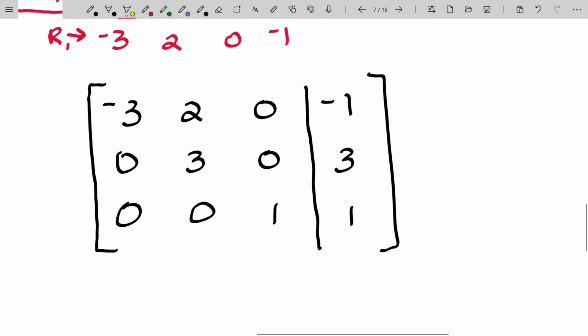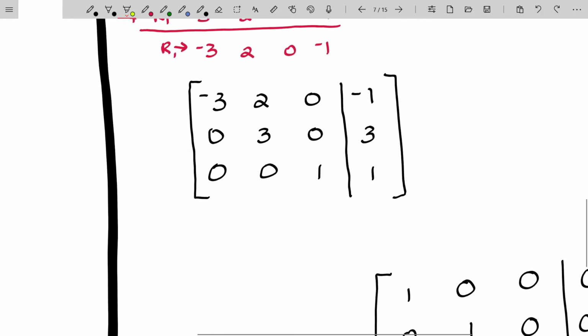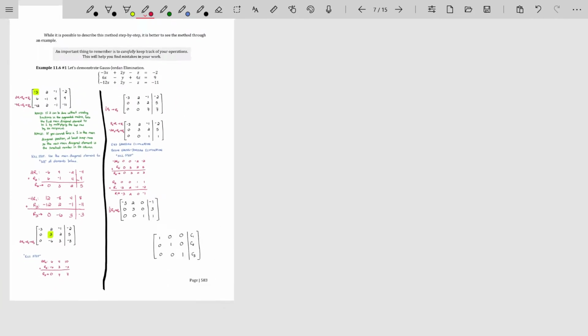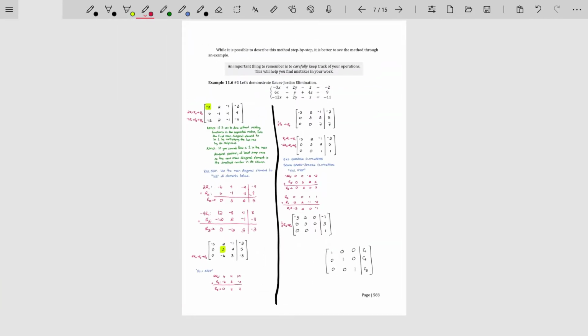I'd love it if I could force this main diagonal element right here to be a 1. And I'll do that by multiplying by 1/3. So 1/3 times row 2 will become the new row 2. Now, you can see I use a lot of space with this. So again, I'm going to draw in a vertical pipe here so that I can just continue my work up above.